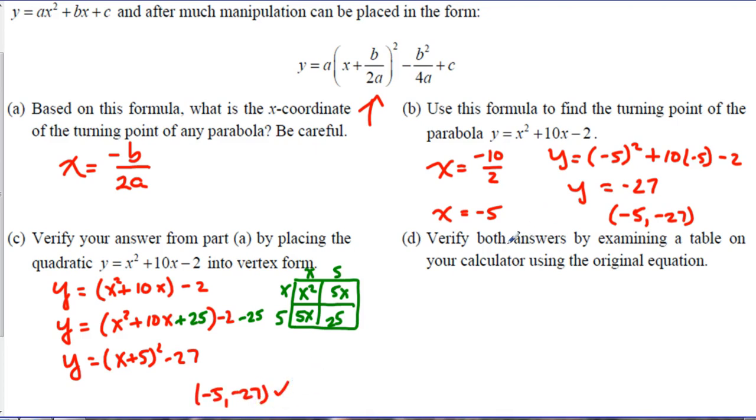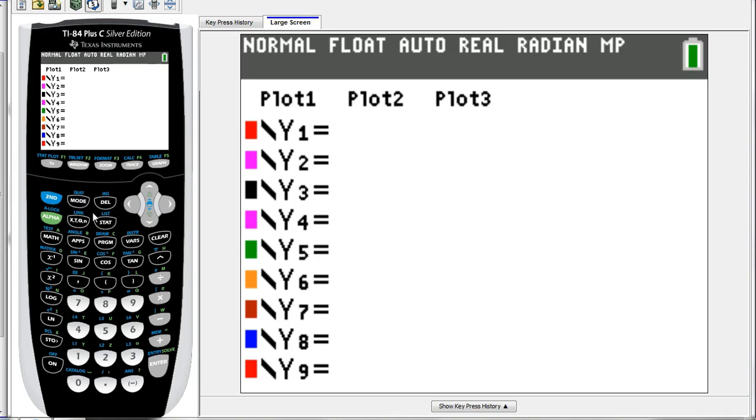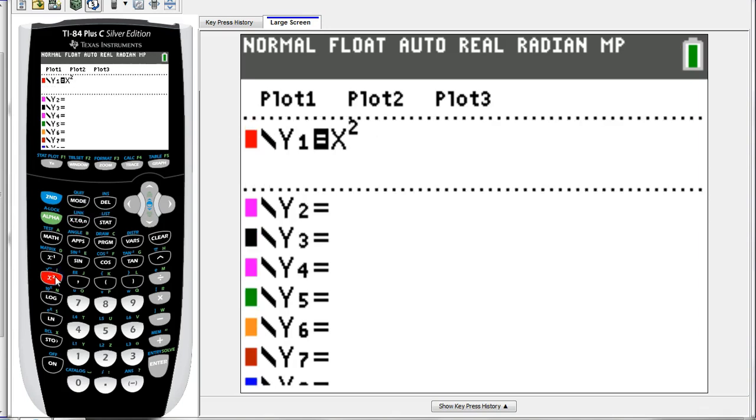Finally, it says verify both answers by putting it into your calculator. So let's pop over to the calculator if you have one. If you don't, you can just kind of watch along. We're going to put in that original equation, which is y equals, and now we're going to peek at the table.